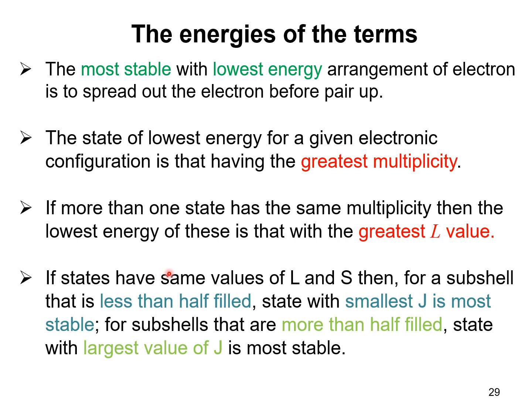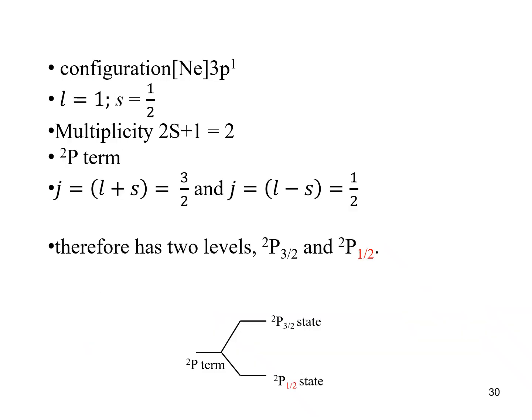If the states have the same value of L and S, then for a subshell that is less than half filled, the state with the smallest J is the most stable. On the other hand, if the subshell is more than half filled, then the state with the largest value of J is the most stable. For example, for one electron in p orbital, we have derived two term symbols.